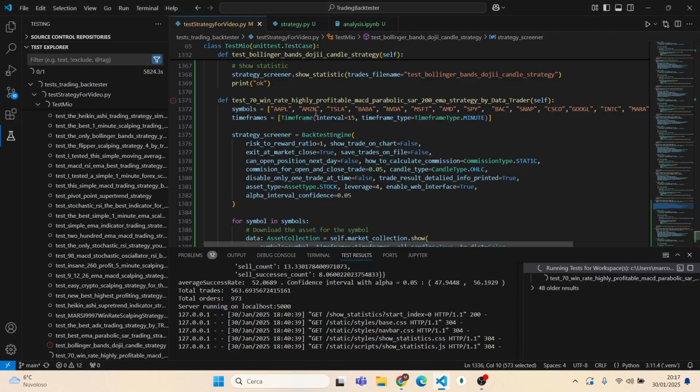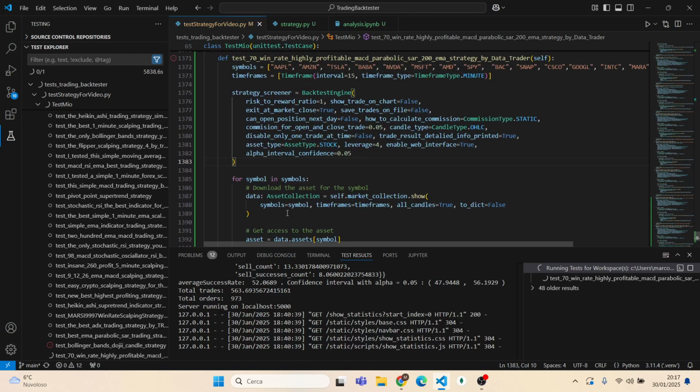Okay, the strategy will be backtested on these stock symbols, on the 15-minute time frame. These are all the settings I'm using for this video. For today's video I decided to reduce the commission for opening and closing a trade, because I found that in the previous video I used too high a commission for each trade for a stock market.